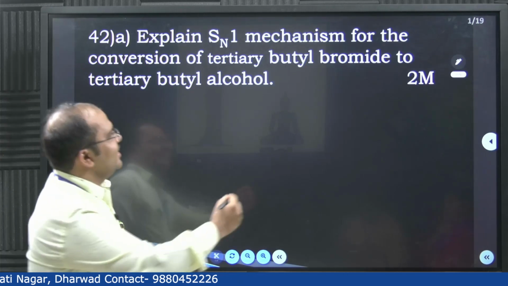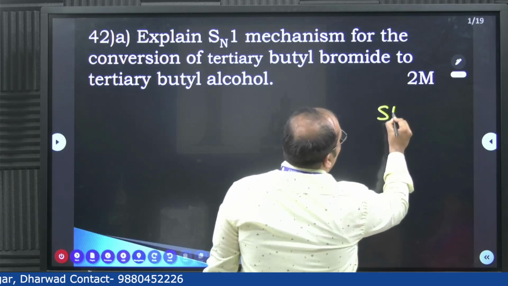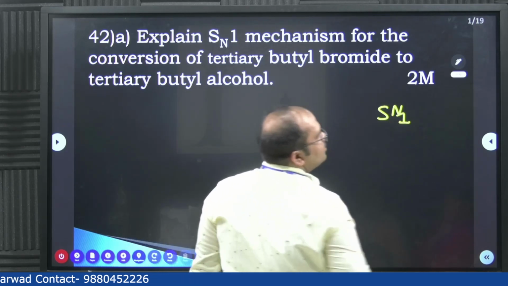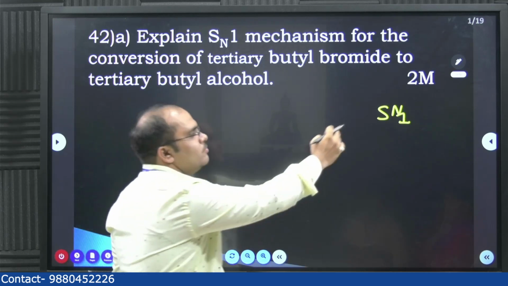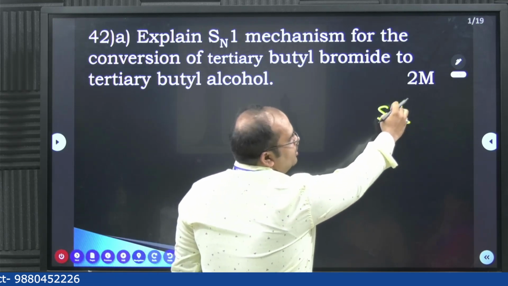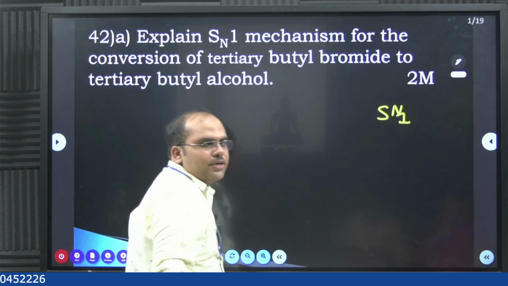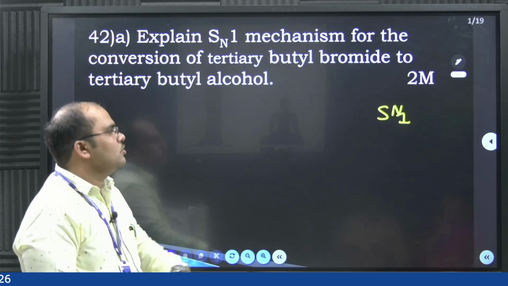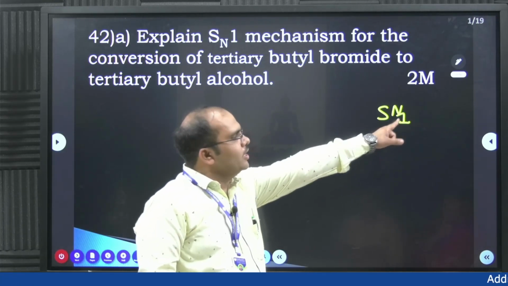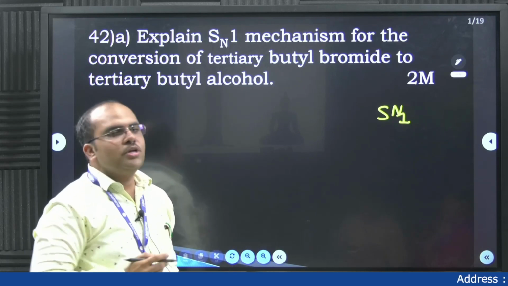My dear all, what does SN1 represent? SN1 is nothing but unimolecular nucleophilic substitution reaction. Why is it called unimolecular?